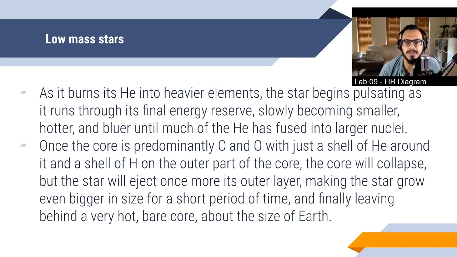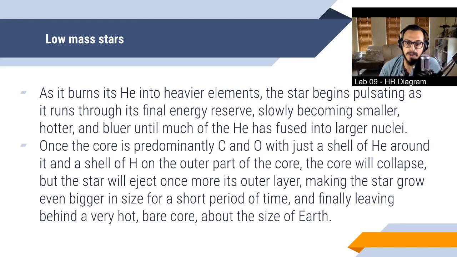As it burns its helium into heavier elements, the star begins pulsating as it runs through its final energy reserve, slowly becoming smaller, hotter, and bluer until much of the helium has fused into larger nuclei.